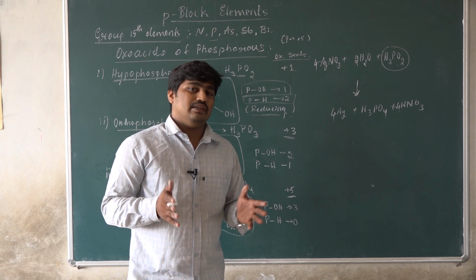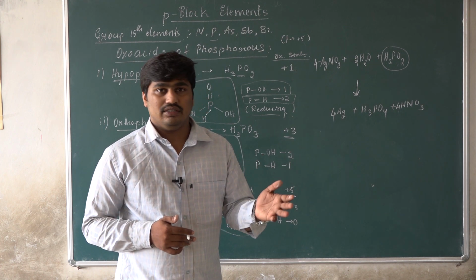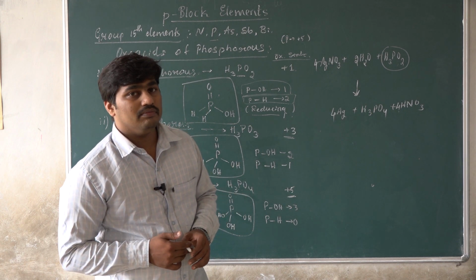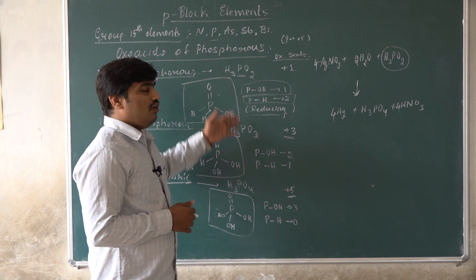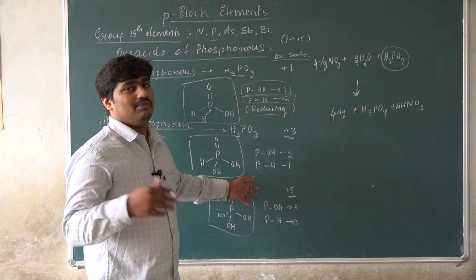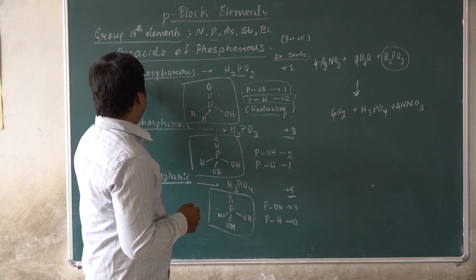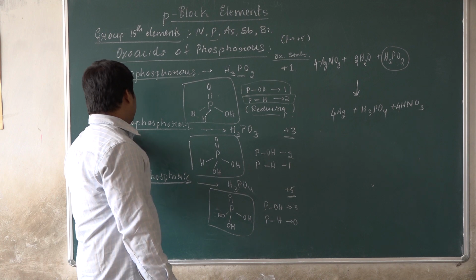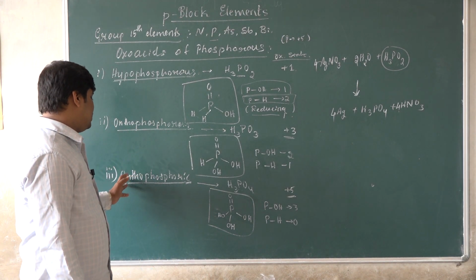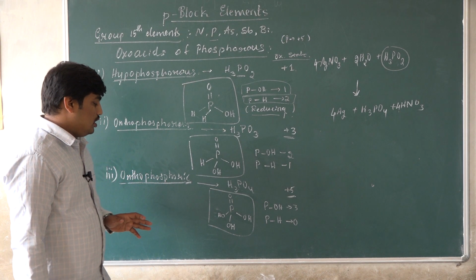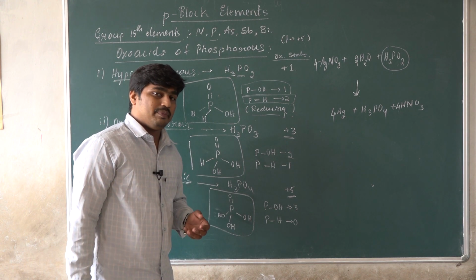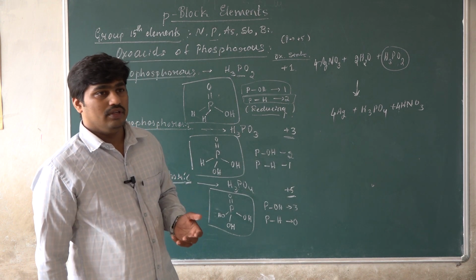For acids, the question asks for basicity. What is the basicity of hypophosphorus acid? What is the basicity of orthophosphorus acid? And so on. Basicity is the capacity to leave the hydrogen.